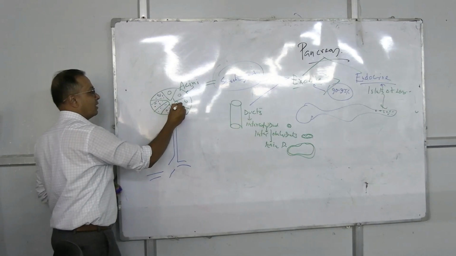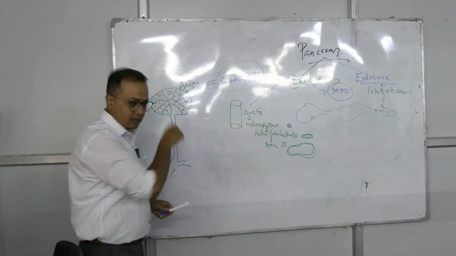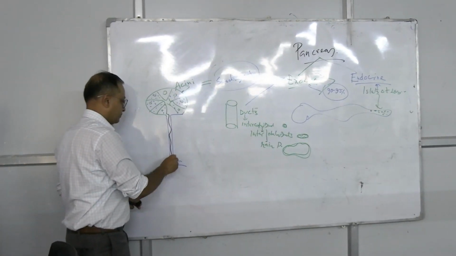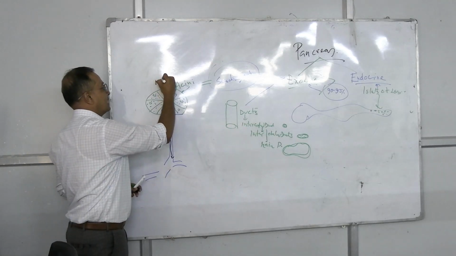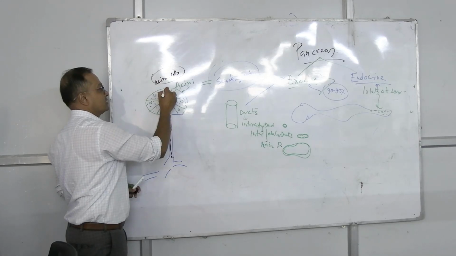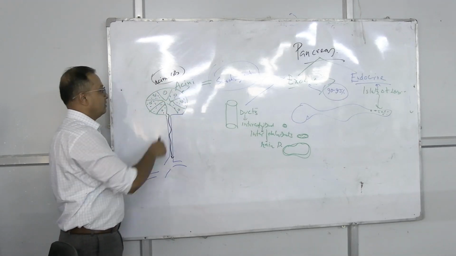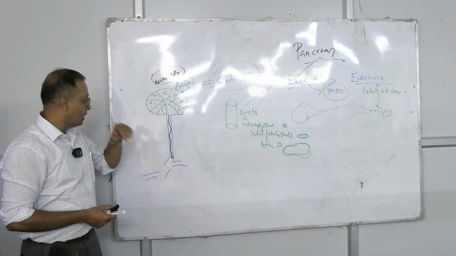When they are liberated into the duct system, they are channeled through the ducts to the exterior. These acinar cells are predominantly secreting cells, producing the juices. Temporarily they are stored and then liberated.